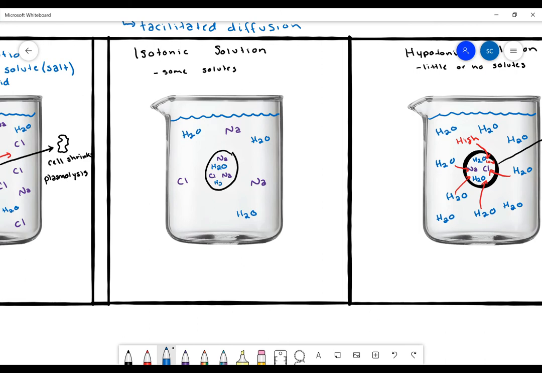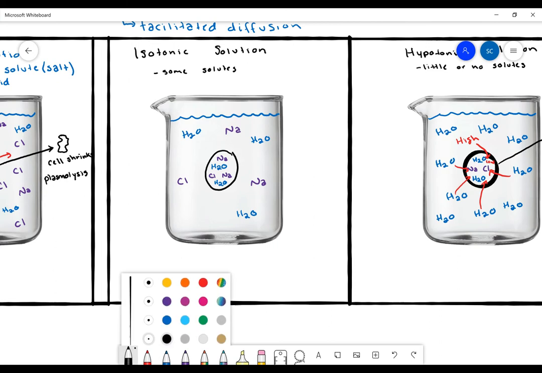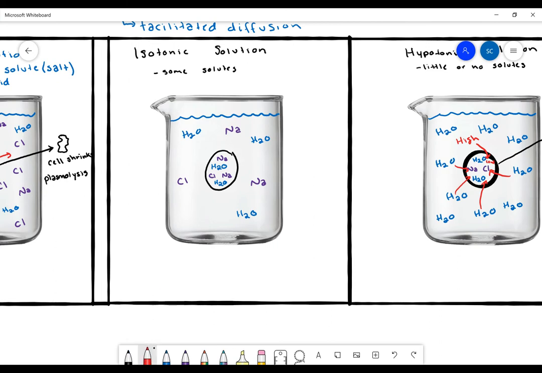And if it's balanced, the amount of solutes outside of the cell and inside of the cell, then the water is actually going to freely move in and out. Okay, so it's just going to flow in and out of the cell, and the cell's going to stay the same size.